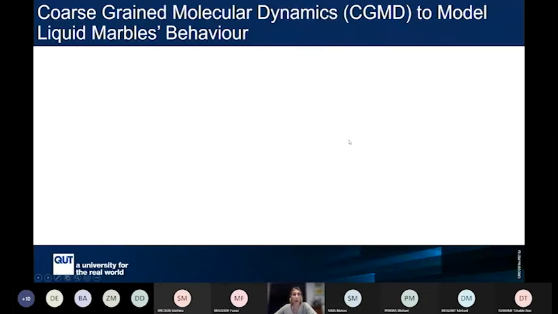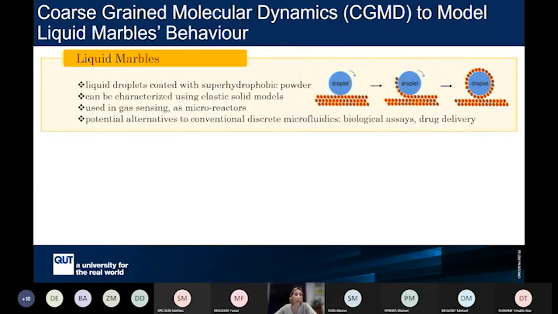So let's start with our coarse grain model for the liquid marbles. Liquid marbles are quite interesting objects that can be used as discrete microfluidic devices for biological assays, drug delivery, but also cell culture and microreactors. They're also used in gas sensing.